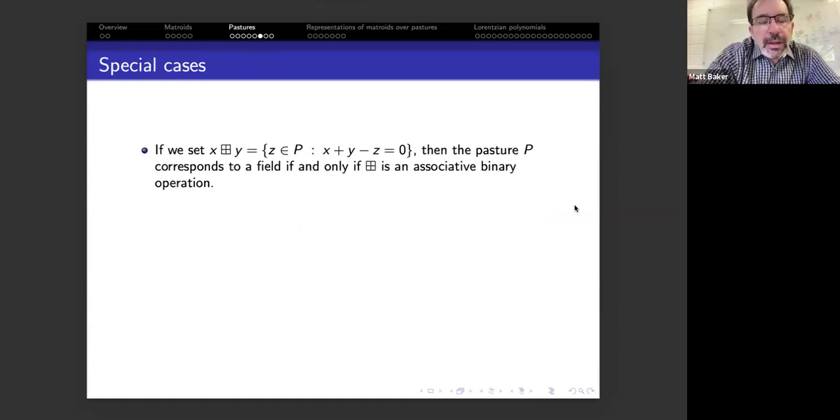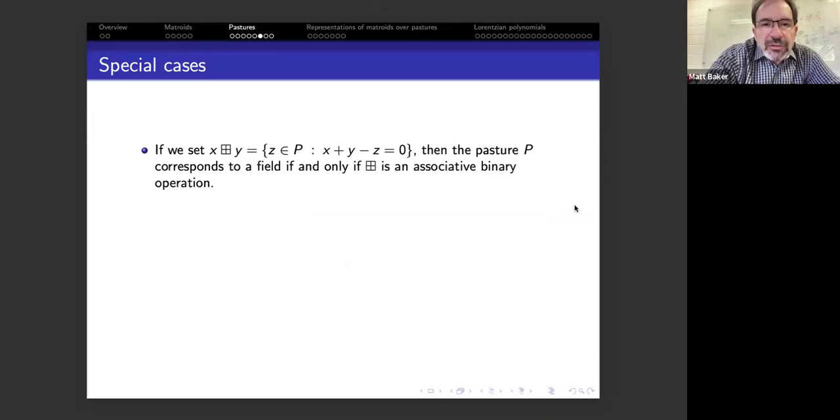So if you use this hypersum notation to denote the set of all z's for which x plus y minus z is null, then field means exactly that this hyperoperation is actually an associative binary operation.